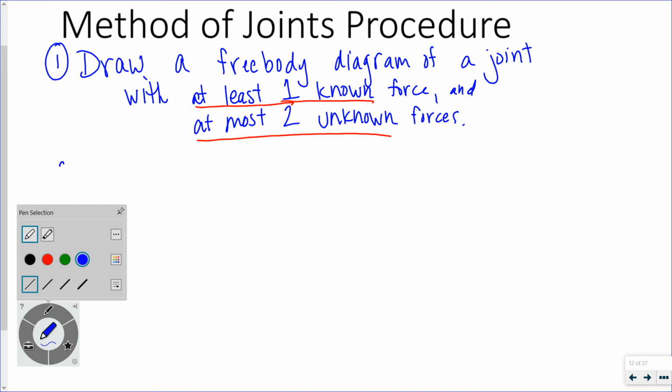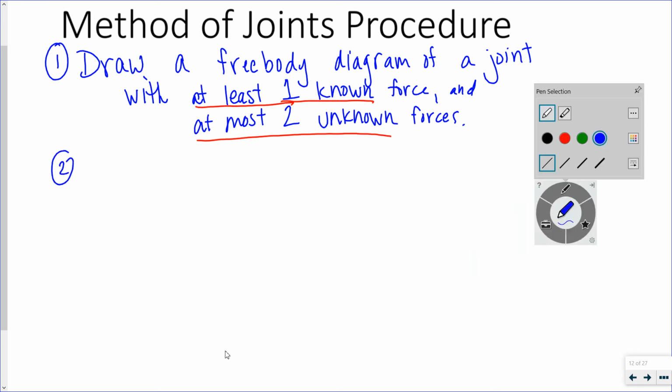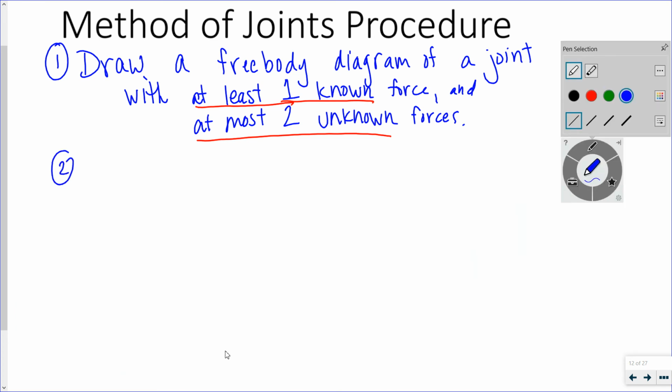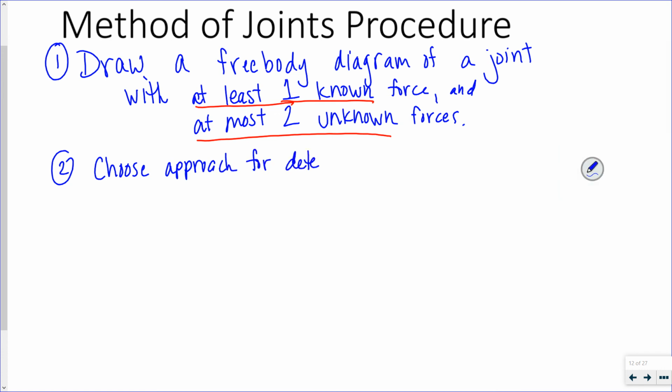You can then choose an approach for determining tension and compression. And this again can change as you go along your structure.